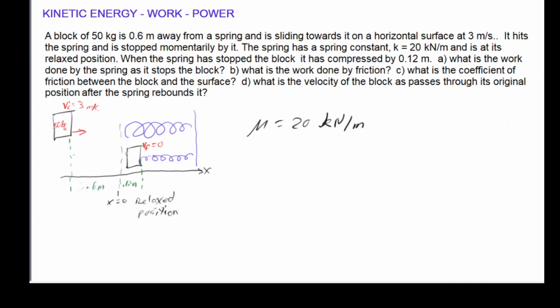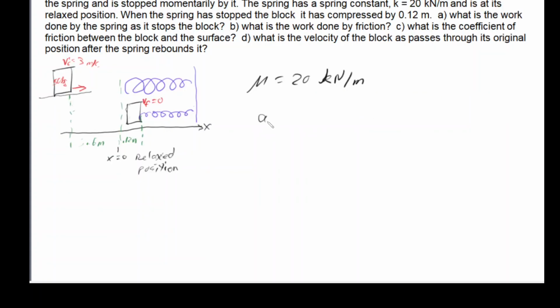Okay, so I drew the diagram, and you can see here's the block moving on a surface towards the spring in a relaxed state. It compresses the spring by 0.12 meters. For part A, we want to know the work of the spring, which is equal to K initial minus K final, reversed because the work of the spring is always negative to the direction of displacement.